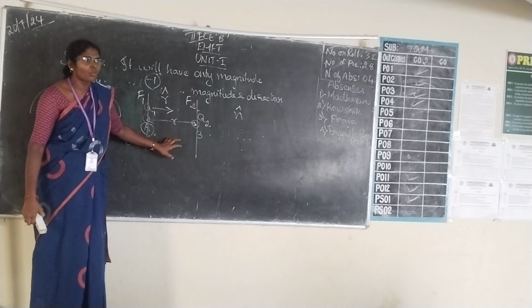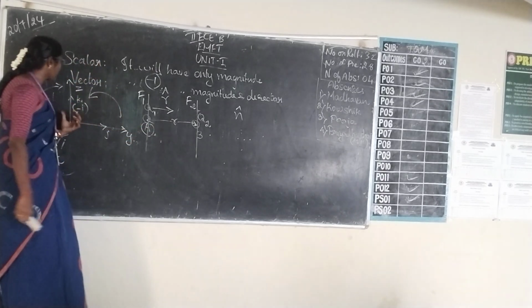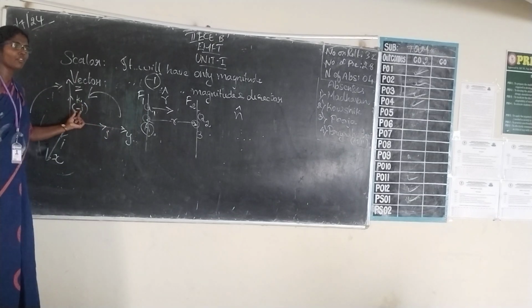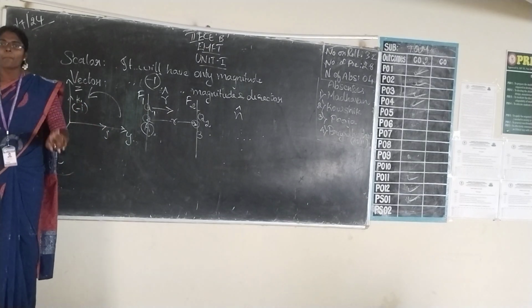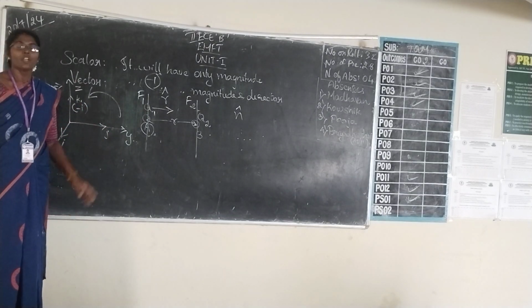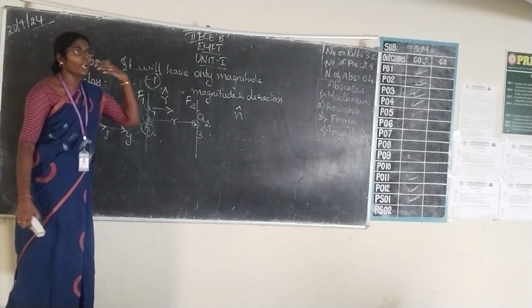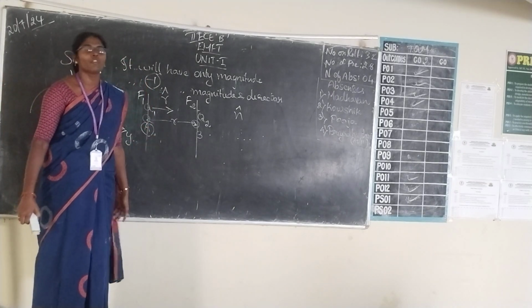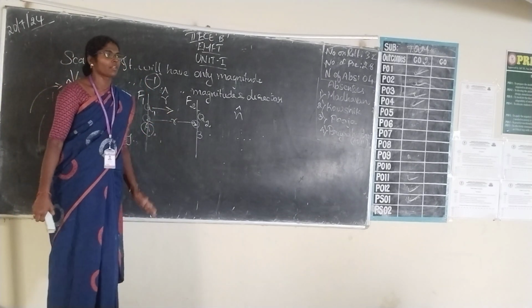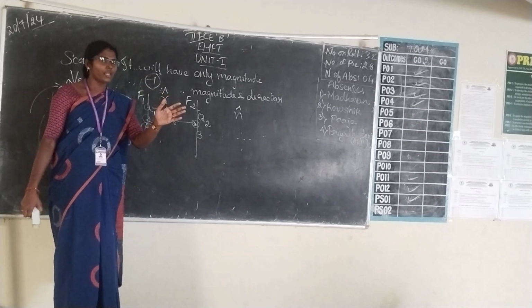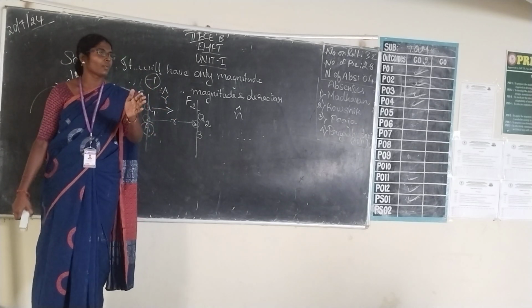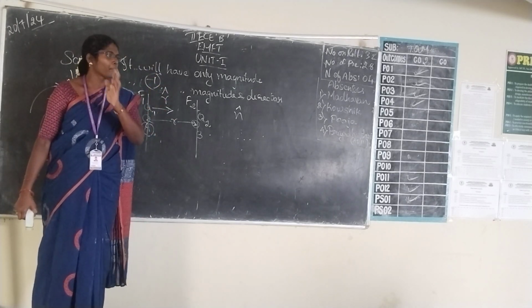If it is moving inwards, we will take that as the clockwise direction. We will denote the I vector as minus I. If the electric field is moving away, that is the outward direction, we will say it as plus I vector. So inwards means minus, clockwise. Outwards means plus. You should remember this.